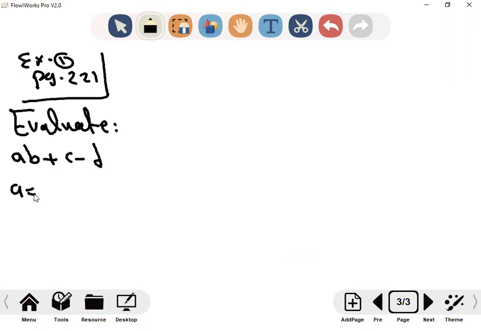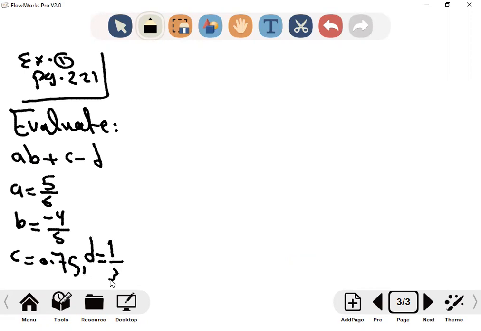A is given 5/6. B is given -4/5. C is given 0.75. And D is given 1/3.